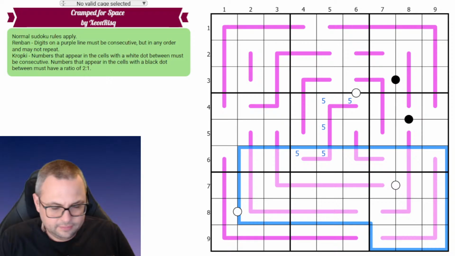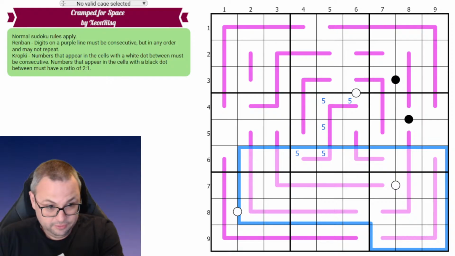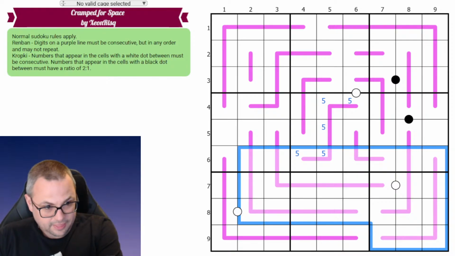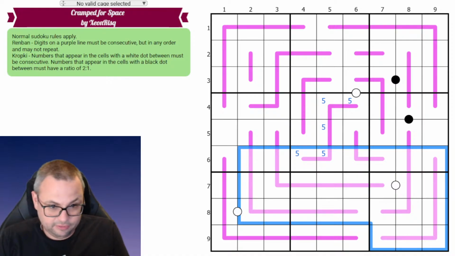6 Renbans? Oh, that's even better. Only 6 Renbans to have 6 1 9s. Okay. So that means all of these Renban are extreme that I have highlighted. Now, of course, learning that the length 8 Renban is extreme is not super exciting.